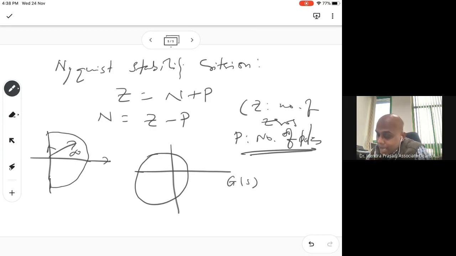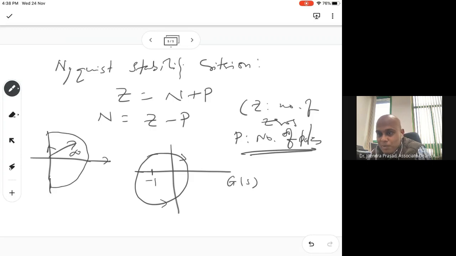There is a theorem that this will make a loop around -1.